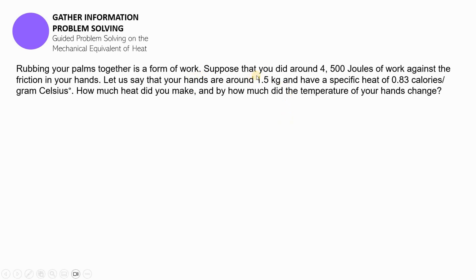Suppose that you did around 4,500 joules of work against the friction in your hands. Now, let us say that your hands are around 1.5 kilograms and have a specific heat of 0.83 calories per gram Celsius degree. Now, how much heat did you make, and by how much did the temperature of your hands change?